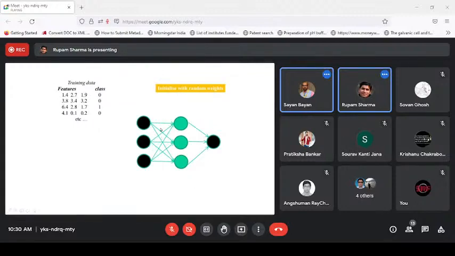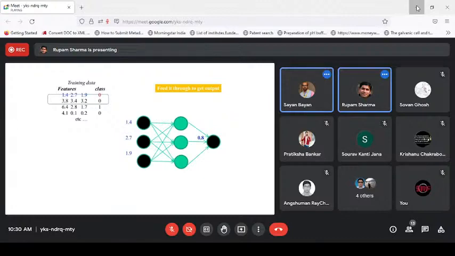One way could be to assign certain random weights to all of these connections. Your random weights could be anything. And your input is 1.4, 2.7 and 1.9.